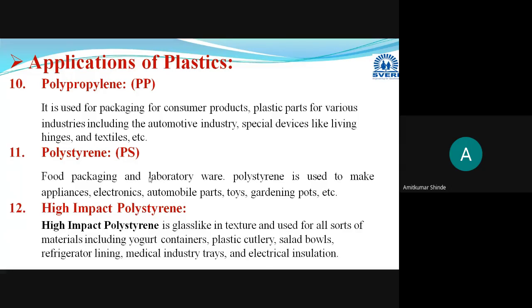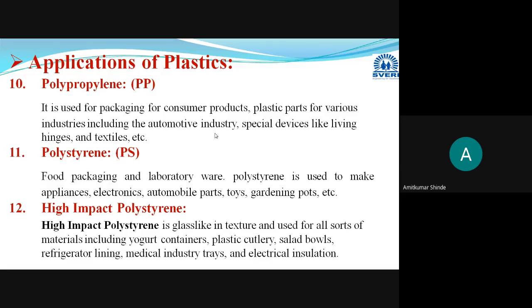Then this polystyrene is used to make different kinds of electronic appliances, automobile parts, and different toys, whichever toys small children are playing with.